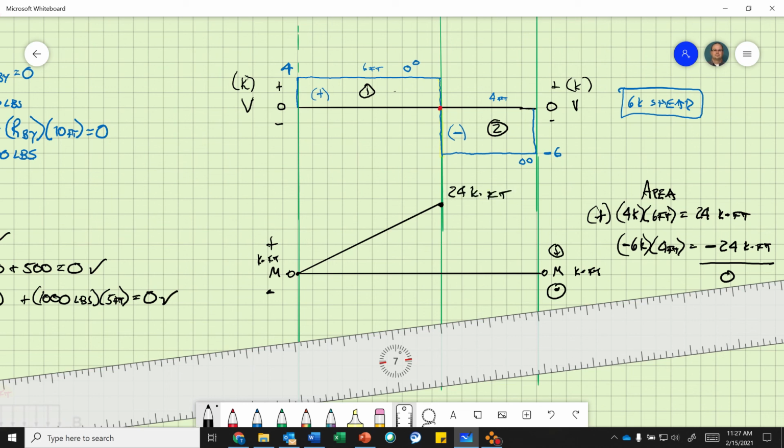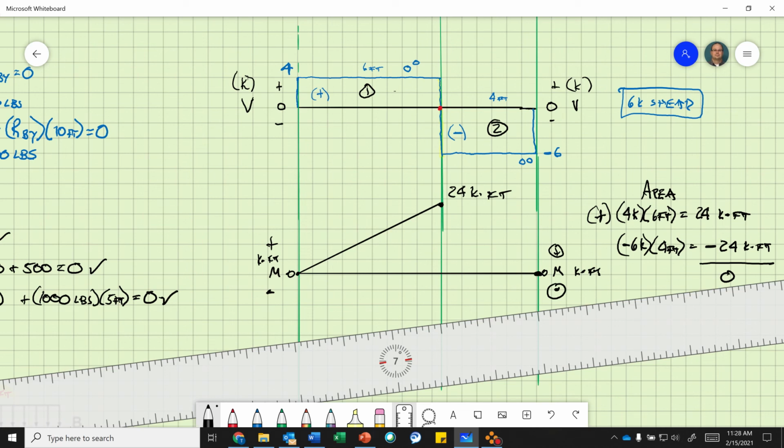Okay. All right. So this is 24 kip feet. Okay. So now, remember, it's a summation from there to there. So I have 24 kip feet. Then I got to add this negative moment here, and I get 0. So I go back down to 0 because it's a summation from left to right.